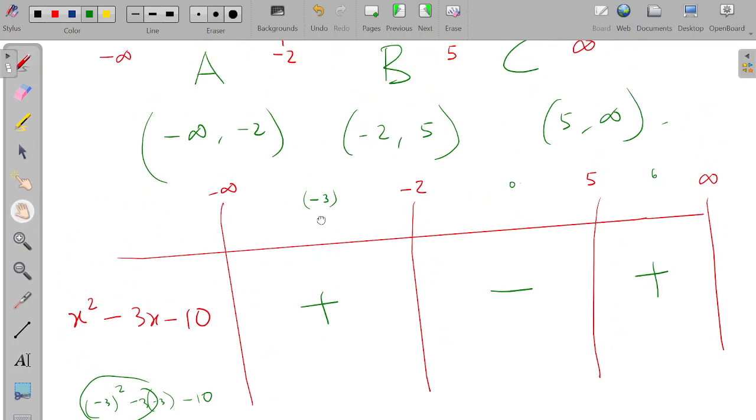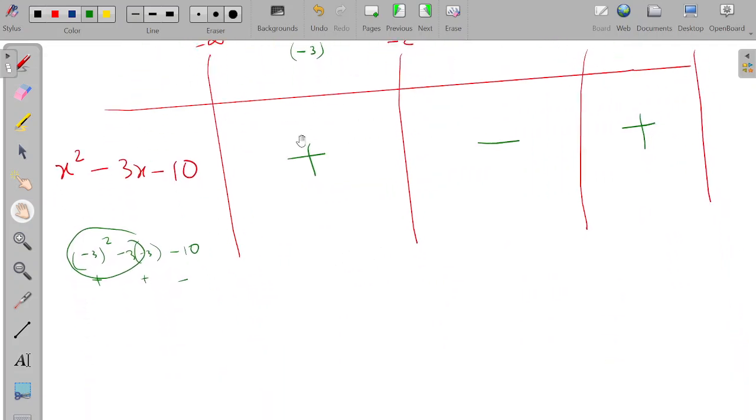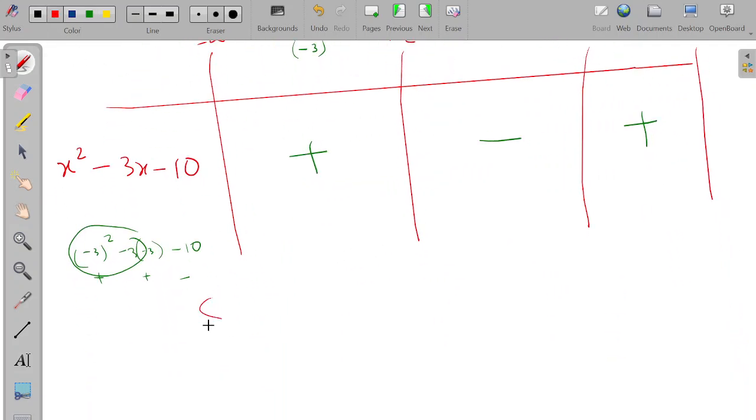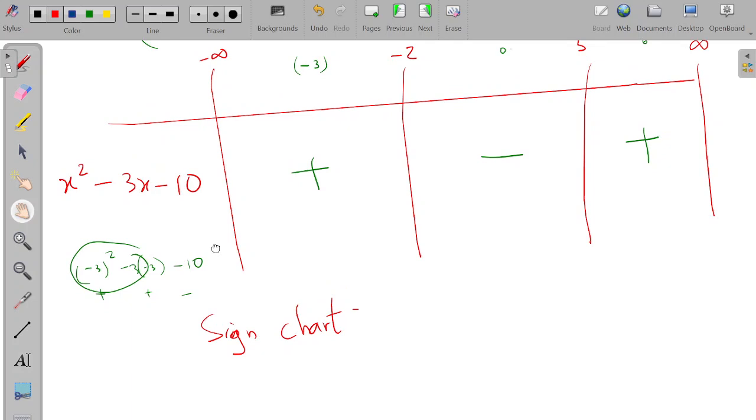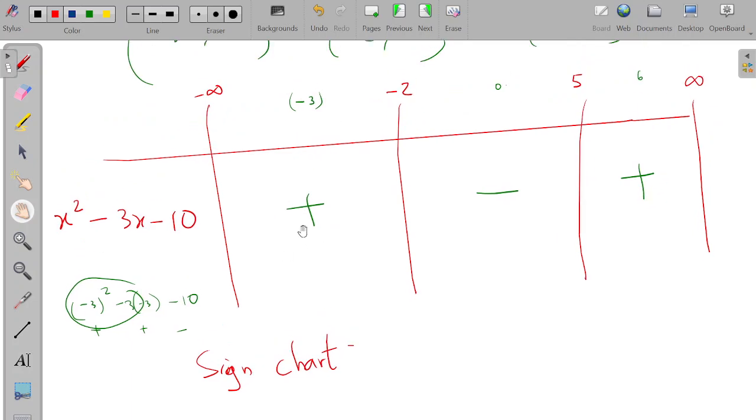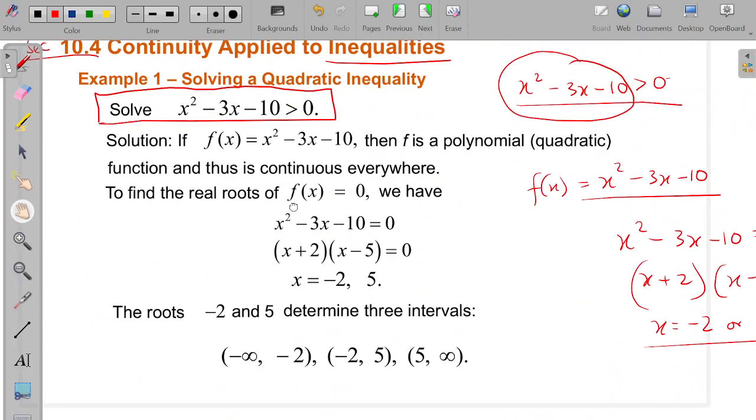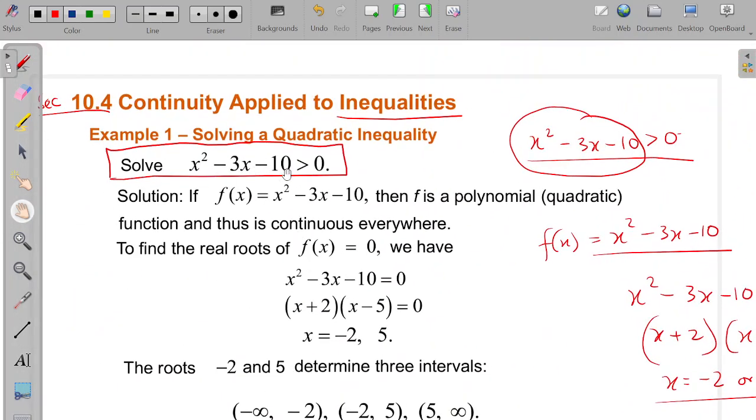This is what we call a sign chart. This sign chart gives us the intervals that will give us the positive one and the negative one. Let's look at the question we are asked to solve. We must find where it is greater than or equal to 0.